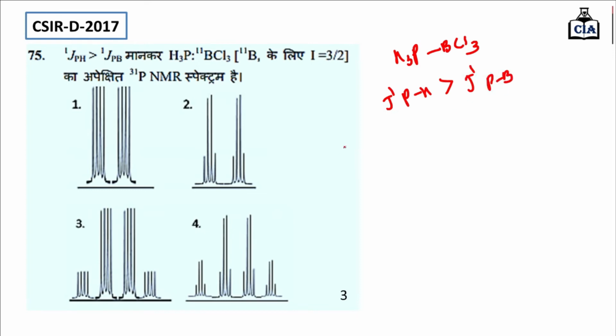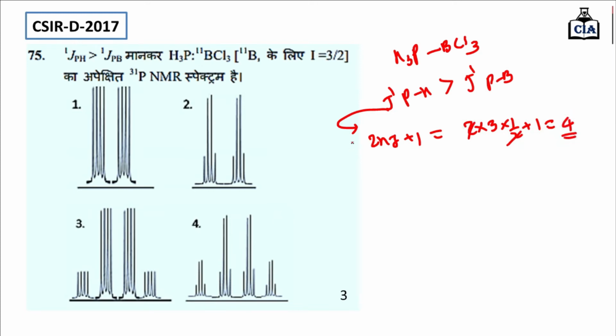So just find the spin multiplicity for this phosphorus hydrogen coupling. There are total 3 hydrogen atoms, so 2nI plus 1 equals 2 into 3 into 1 half plus 1, the 2 gets cancelled, so our answer will be 4.